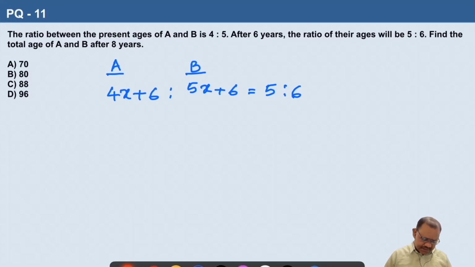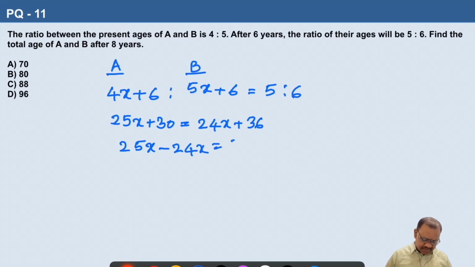Simplify this. Rule of proportion. Product of means, 25x plus 30, is equal to product of extremes, 24x plus 36. Simplify. Variables on one side, constants to the other side.